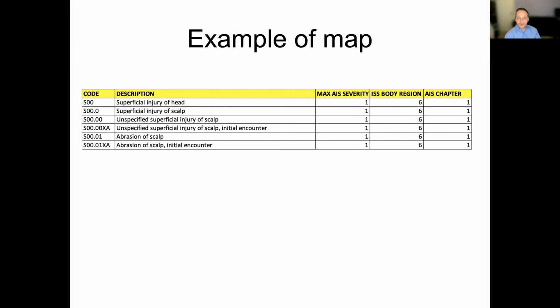And so this is a screenshot of an example of the map. This is 6 codes out of the 16,000 in ICD-10. And you can see here that it has the maximum AIS severity, the body region, and the AIS chapter. The chapter is just the chapter in the manual, and the body regions are the 6 body regions that I mentioned earlier.